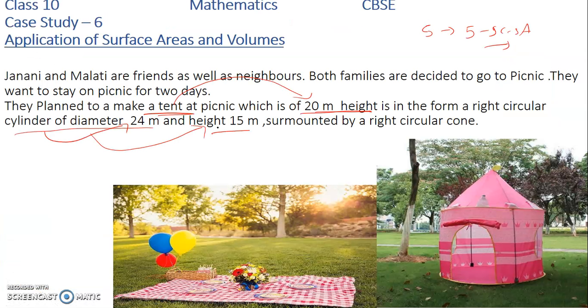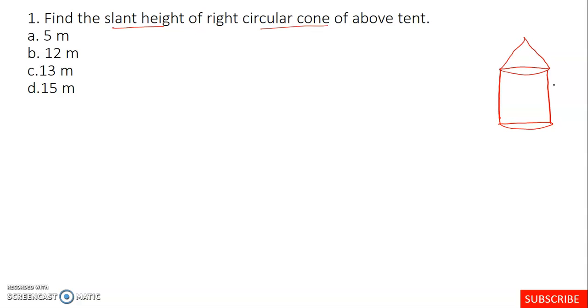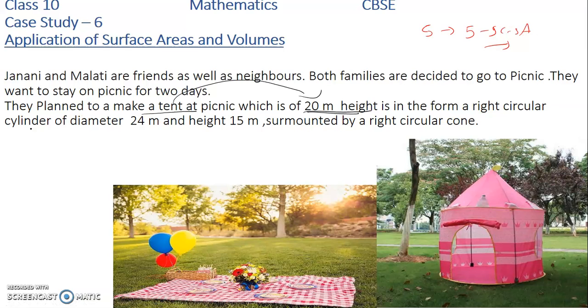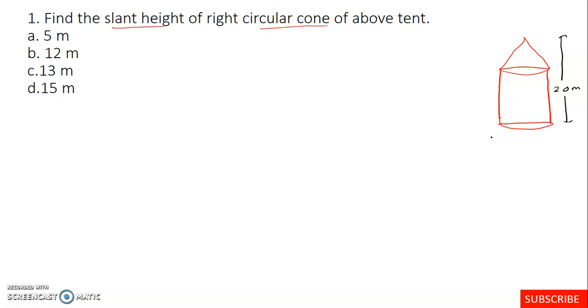First, you should make a note of the total height of the tent. The total height of the tent is 20 meter. After that, the diameter of the cylindrical part is 24 meter.